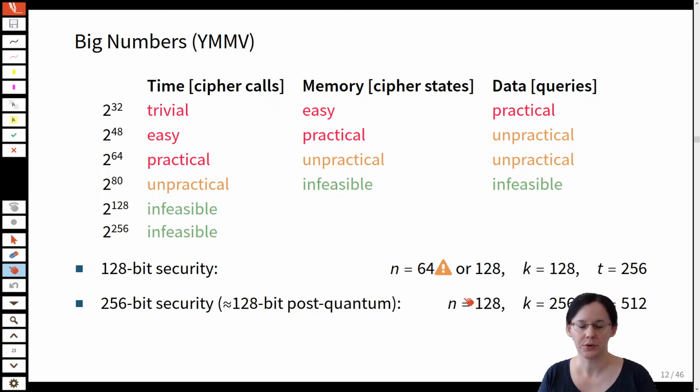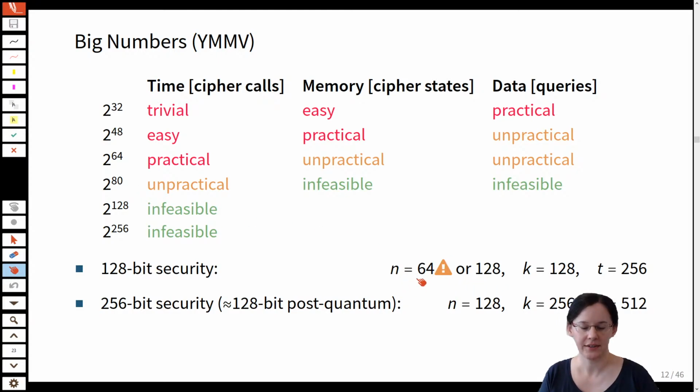So what requirements do we have for ciphers to reach these particular security levels, where security level corresponds to the exponent of the attack complexity? So for 128-bit security, in case of a block cipher, we typically want, for example, a key with 128 bits, such that brute force key guessing takes as long.